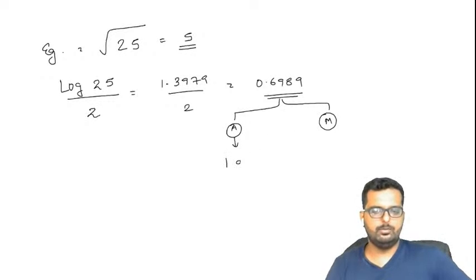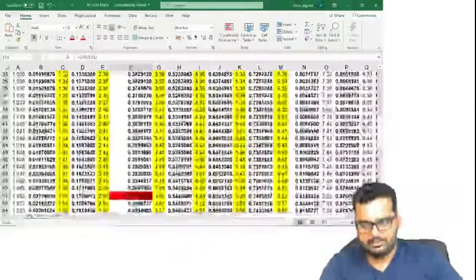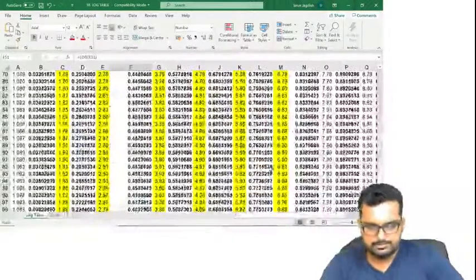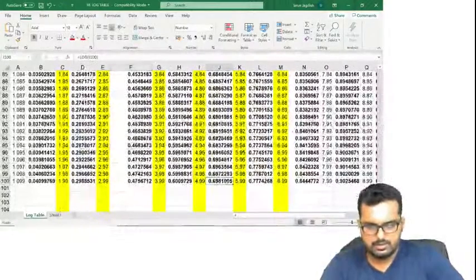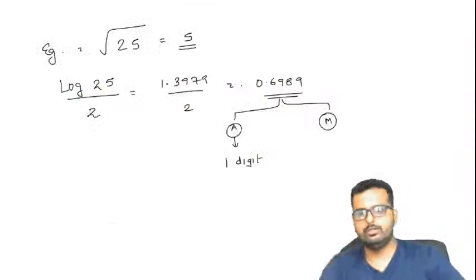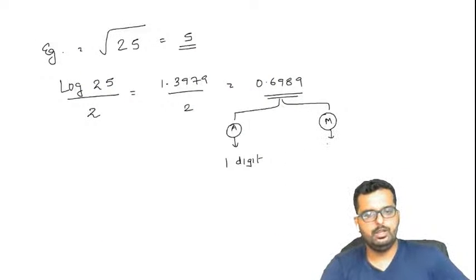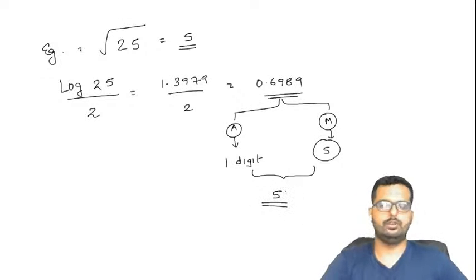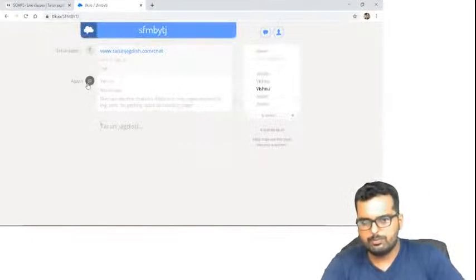Characteristic being 0, it will be 1 digit, and mantissa for 6989, let us search 6989. It's coming here for 5. So here it is going out to be 5. Being 1 digit, the answer will be 5. Can you write down this also in your books? Please chat and let me know, have you understood this part, friends?